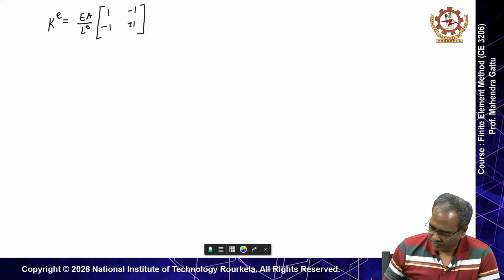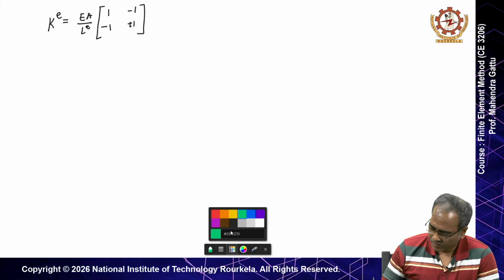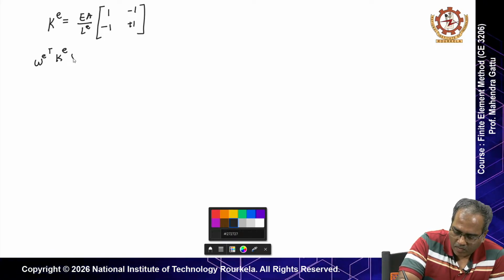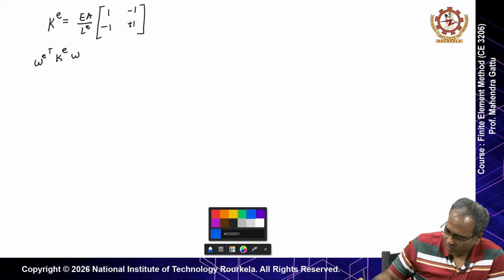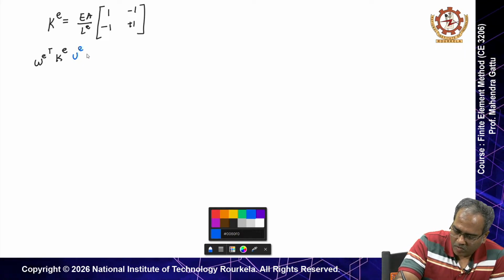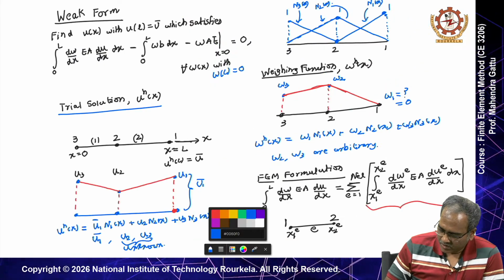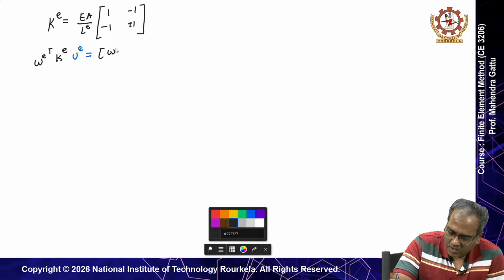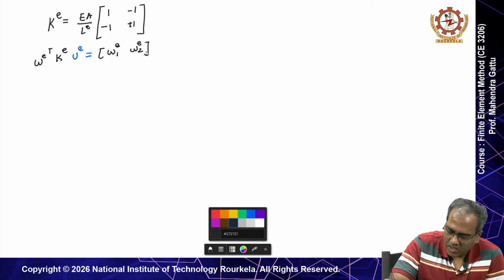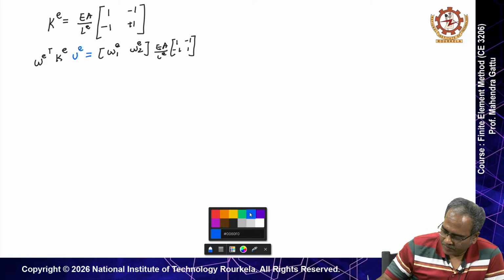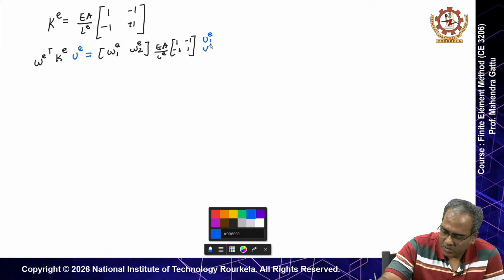Okay. The first term is We1 We2. So, let us write it down: We1, We2, and then the Ke term is EA by Le times 1, minus 1, minus 1, 1, and the Ue term is Ue1, Ue2. Okay.